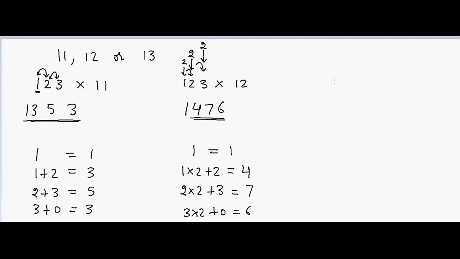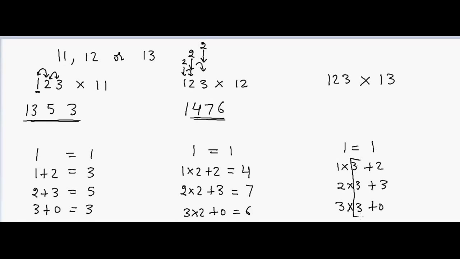So let's go to another example and multiply by 13. If I have 1 2 3 and I want to multiply by 13, in this case I'll do the same way. First digit will be equal to first digit, the second will be 1 into 3 plus 2, the third will be 2 into 3 plus 3, and then we have 3 into 3 plus 0. If you look here, I multiplied all the numbers by 3.